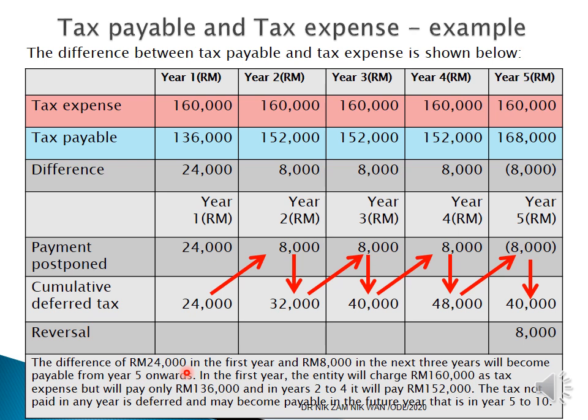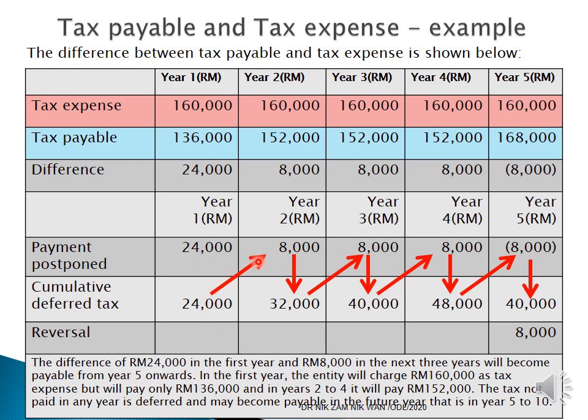So in the first year, the entity will charge 160,000 as tax expenses, but will pay only 136,000. So it has a deferred tax of 24,000. Because you charge 160,000 to your statement of comprehensive income, but the one that you actually pay is 136,000. So the difference, you defer to the future year.